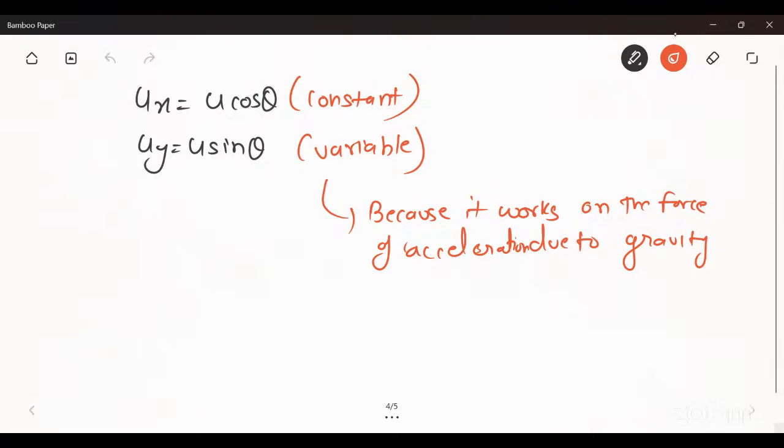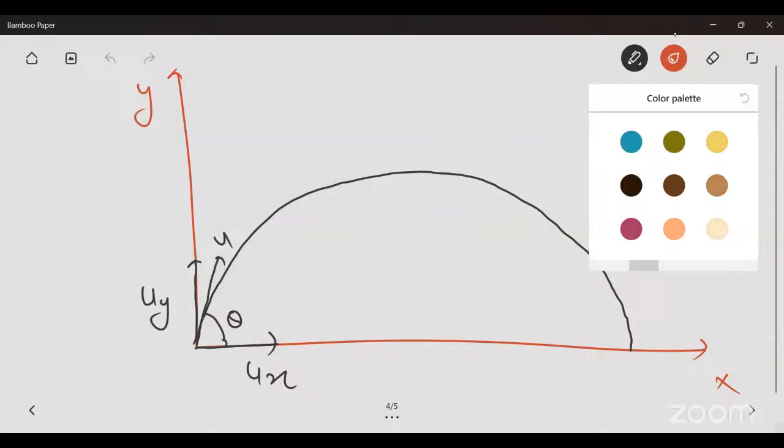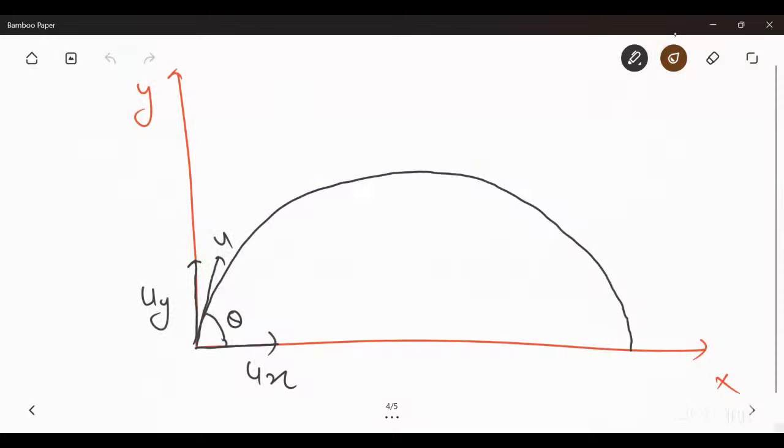Now see here, the acceleration due to gravity always acts downward.